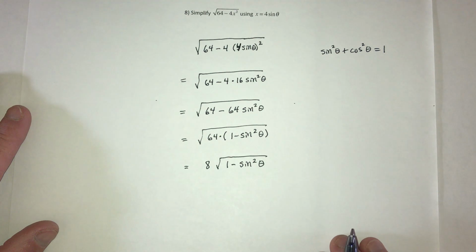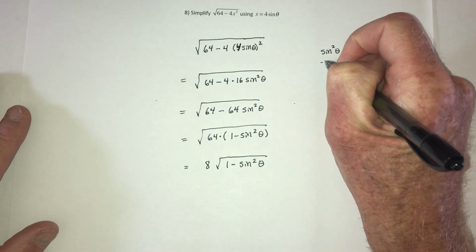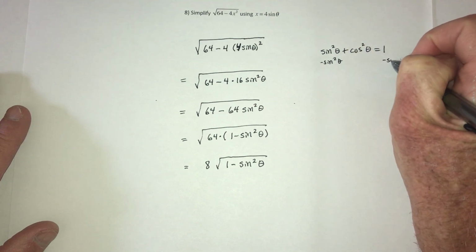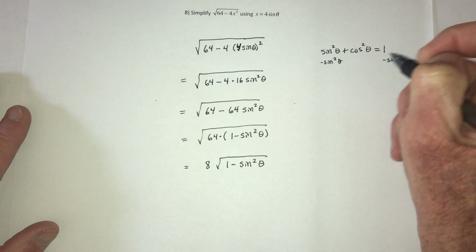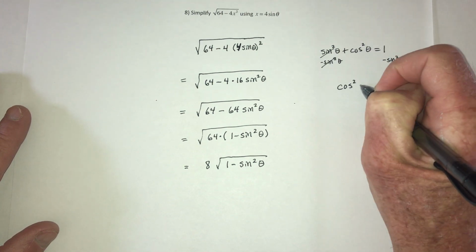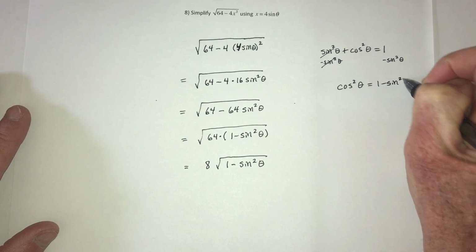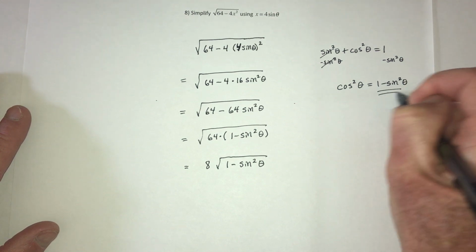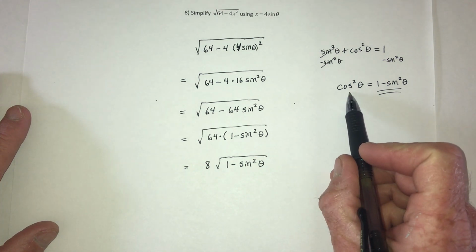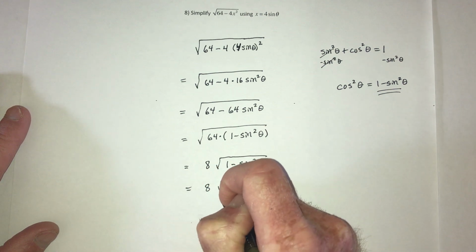Well, if you take that identity and you subtract sine squared from both sides, then it's going to leave that cosine squared is equal to 1 minus sine squared. So I can replace the 1 minus sine squared with a cosine squared. Now we're just one step away.